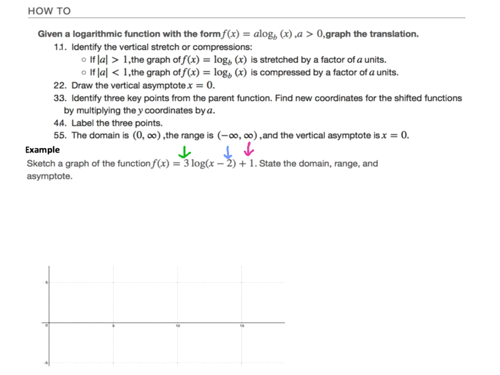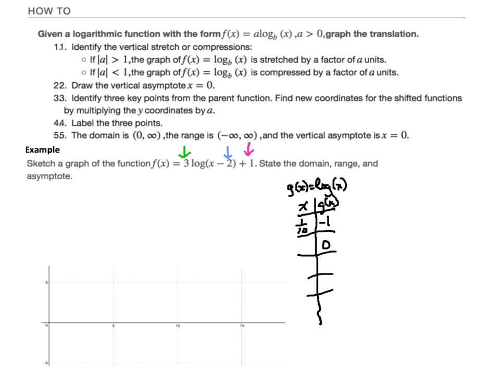So this is just the common log as our parent function. G of x equals the log of x. And don't forget, that's understood to be log base 10. So my parent, if I raise 10 to the negative first power, I get 1/10.